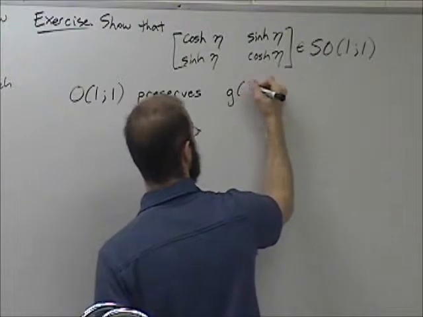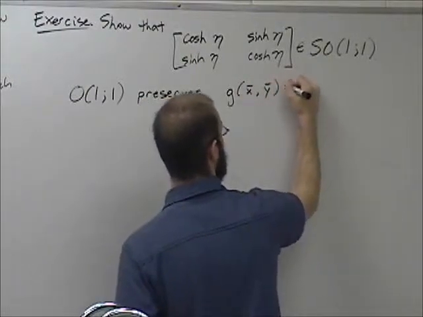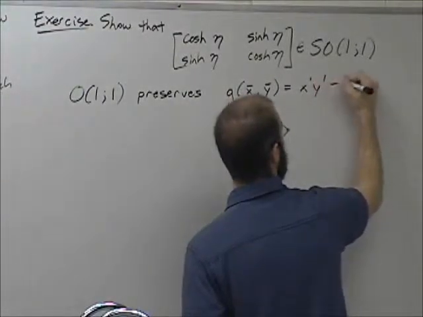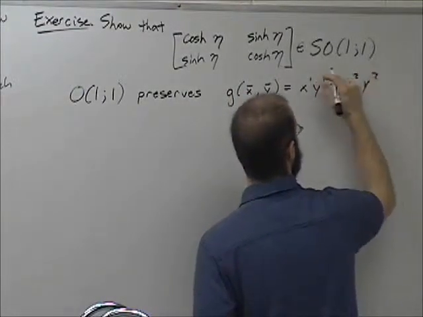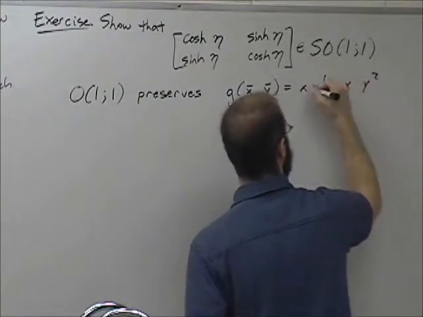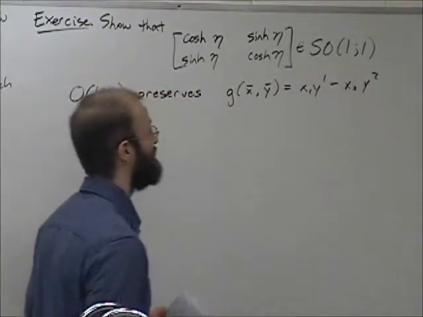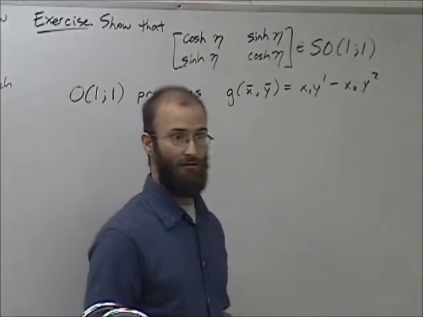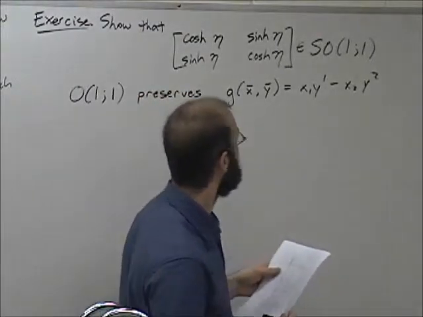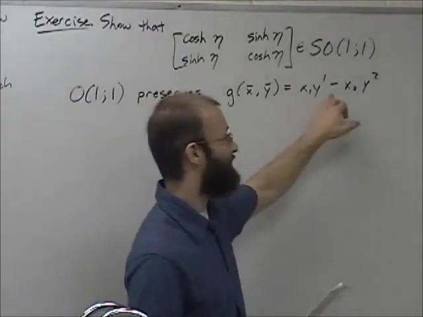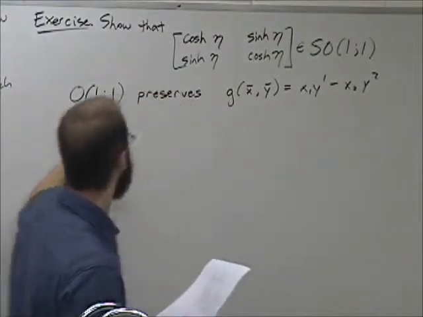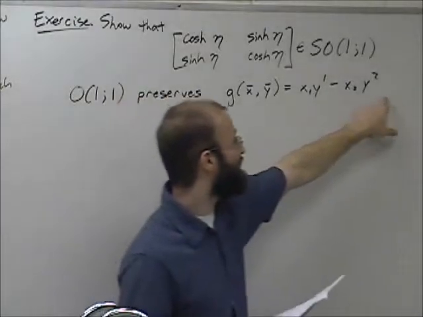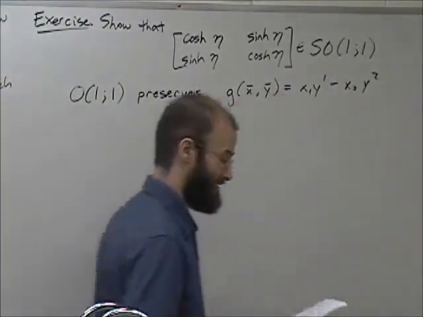Basically, it's going to be g(x, y) equals x_1 y_1 minus x_2 y_2, and if I correct my indices, they should be down. So that would be my norm, and that's right, because I had my minus signs come in last. And if this was (1,3), then you'd get the normal Minkowski space metric. You'd have 3 of these guys with the minus sign.